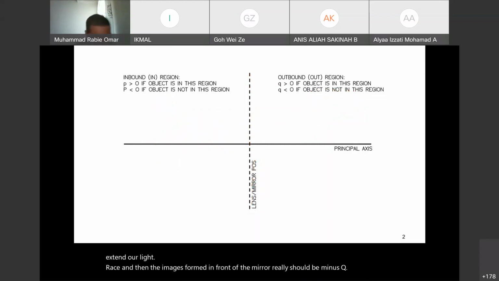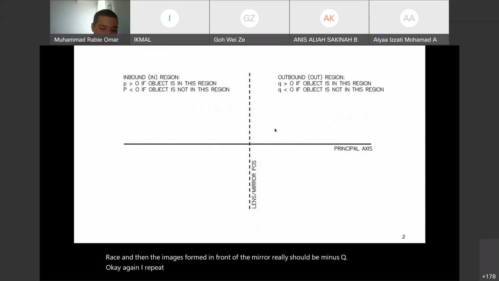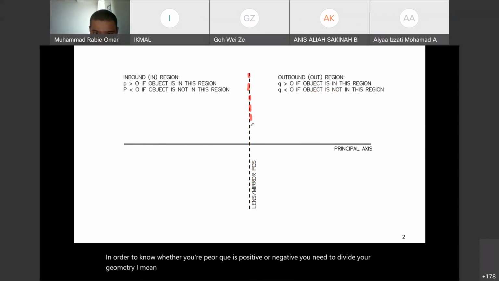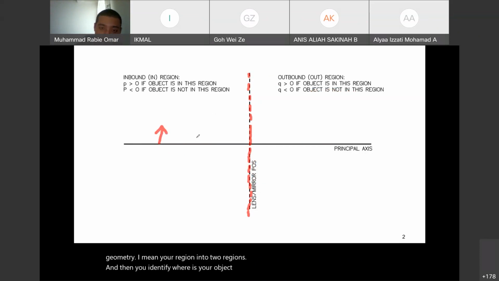Okay, again, I repeat, in order to know whether your P or Q is positive or negative, you need to divide your geometry, your region, into two regions. And then you identify where is your object located. If my object is over here, then this is my inbound region.